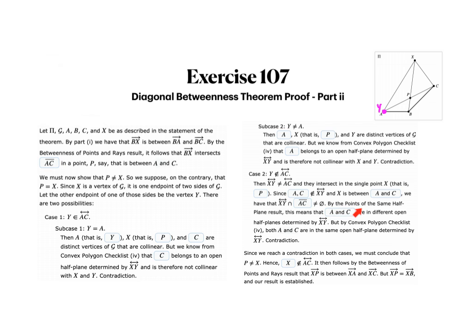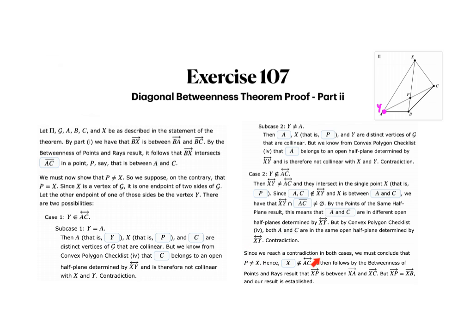By the points of the same half-plane result, this means that A and C are in different open half-planes determined by the line XY. But by convex polygon checklist 4, both A and C are in the same open half-plane determined by line XY, and there exists my contradiction again.